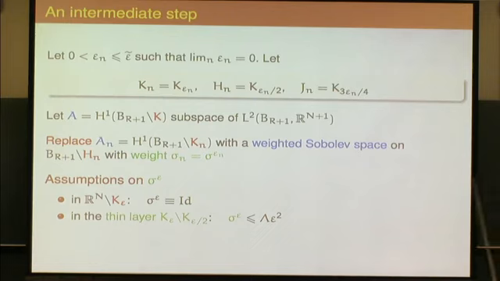The assumption on sigma epsilon is the following. Outside K epsilon, this is simply the identity, no problem. In the thin layer, K epsilon minus K epsilon half, for simplicity here, I'm taking sigma epsilon to be a scalar, and I'm just assuming this asymptotic behavior for some constant lambda.